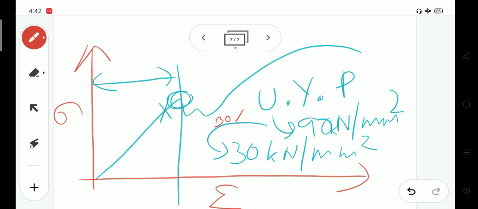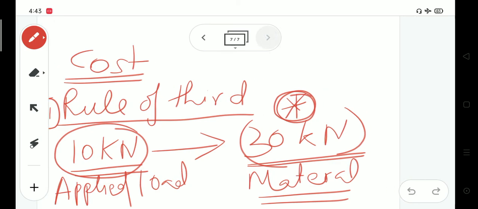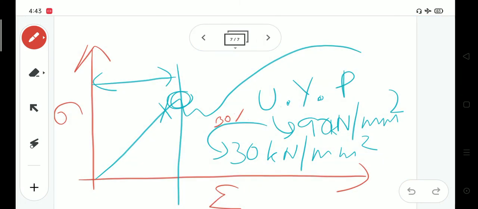So this material will be allowed for machine designing, but it sometimes comes with a cost, not every time. So sometimes we negotiate with cost. That's what I mean to say. While doing a design, we have to remember two laws. The first law is the rule of third, where the material should withstand three times the load, but it should be under the elastic zone, and this elastic zone should be segregated into three parts.